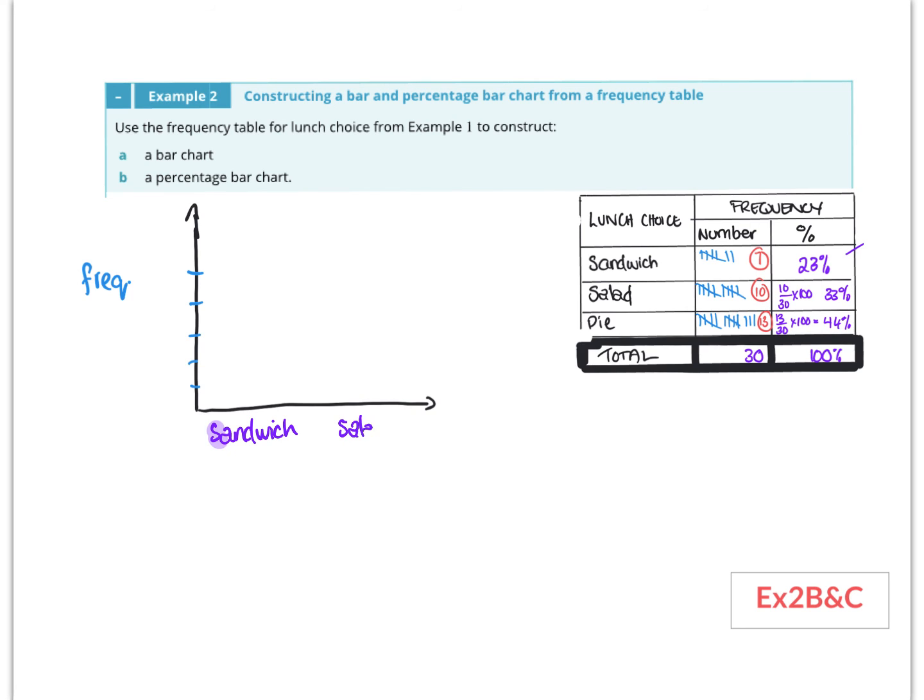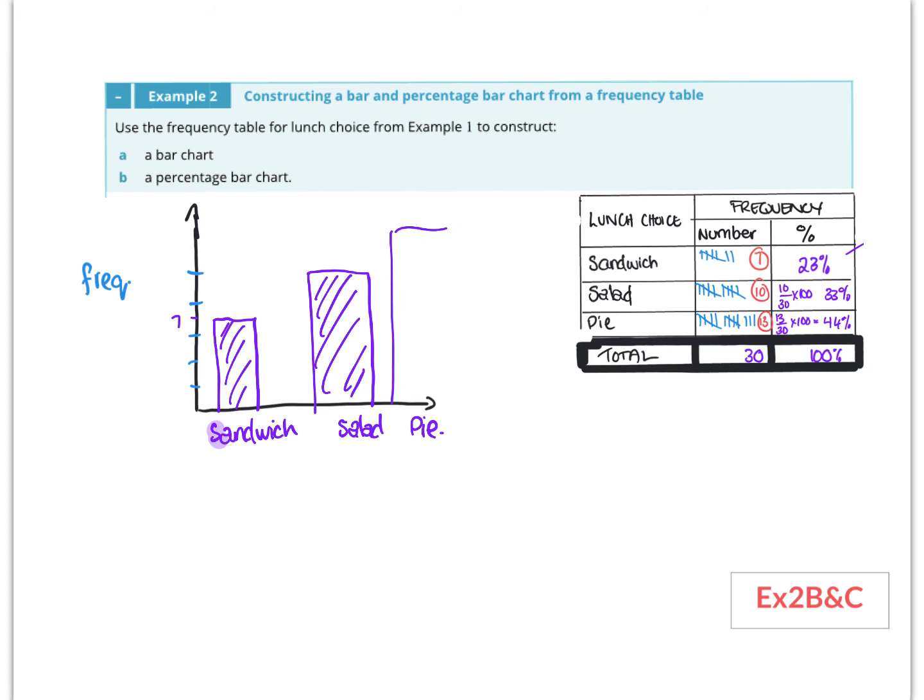Then I'll have salad, then pie. Sandwich went up to 7, so my column would be up to 7. Salad went to 10, and then pie went to 13. Sorry, should have been way up here. Like that. All this needs to be ruled and spaced out a bit better, but I'm just doing it rough.